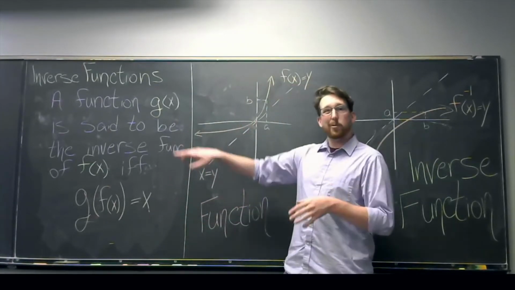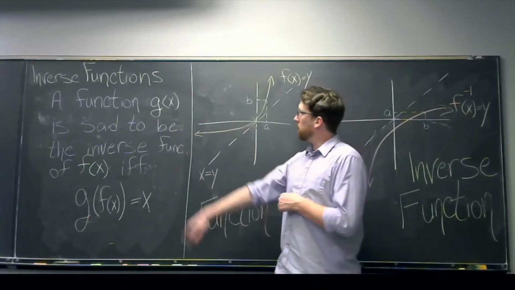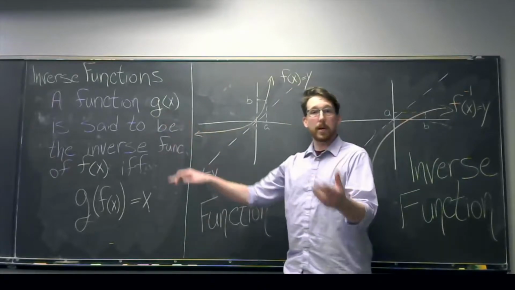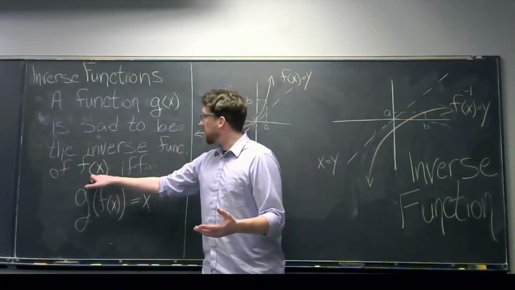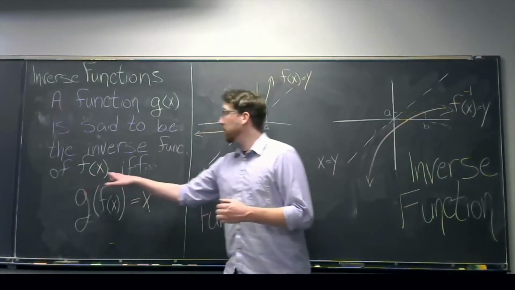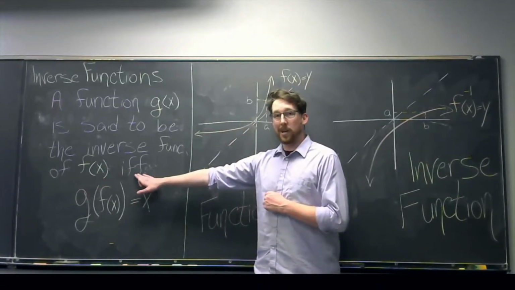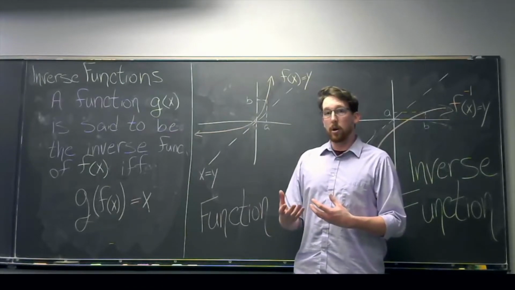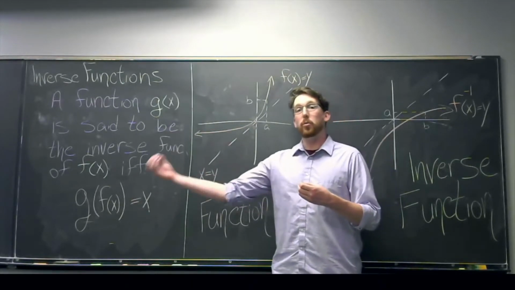And the definition is really just like what I've got up here. A function g of x is said to be the inverse function of f of x if and only if the composition of the two functions gives you your x back.